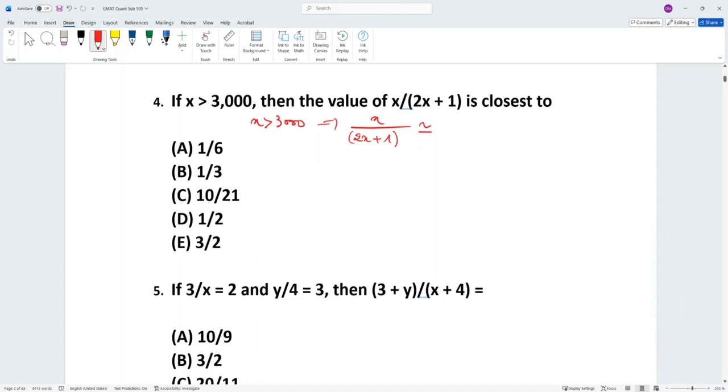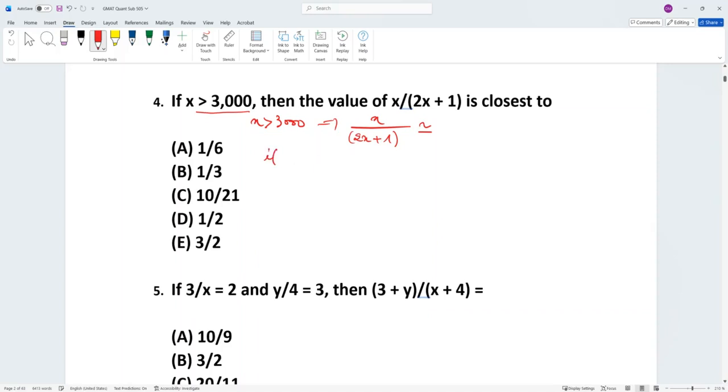Okay, so what we are going to do here, it says that x is greater than 3,000. So we are going to suppose that x is actually, let's say, 3001, because it's strictly greater.